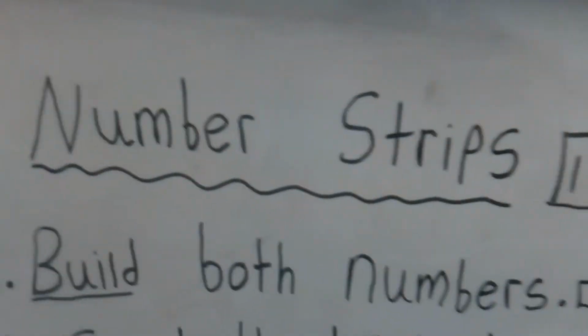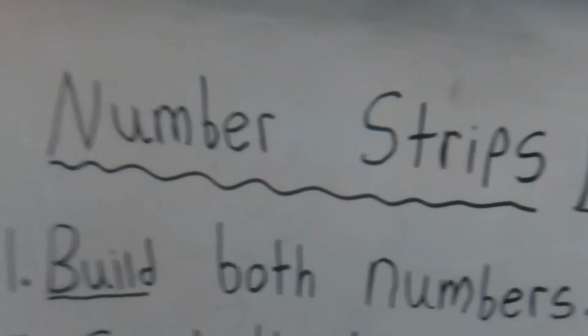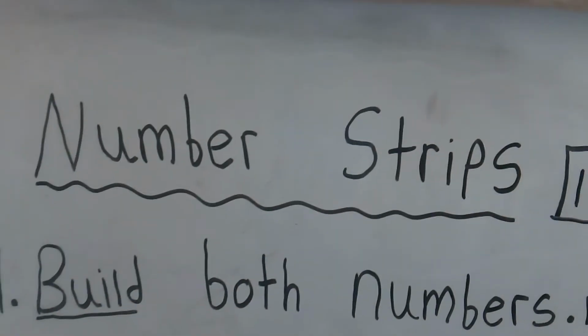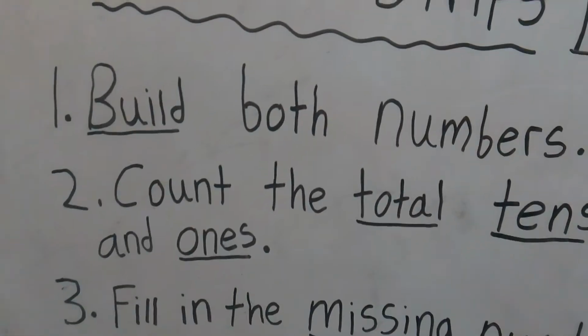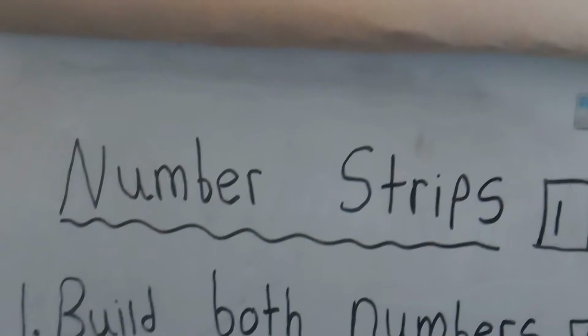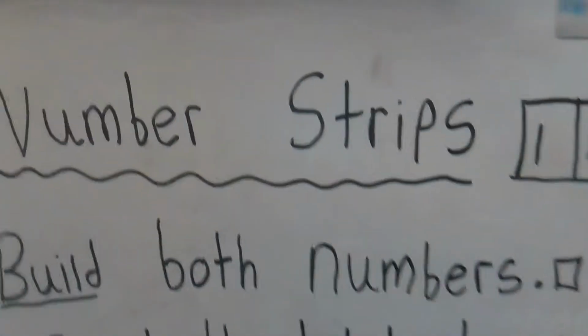In order to complete these steps, we're going to follow an I do, we do, you do learning model, which means first I'm going to do all 3 steps, and your job is to listen and watch very carefully, because next you are going to help me find a missing number in a strip.